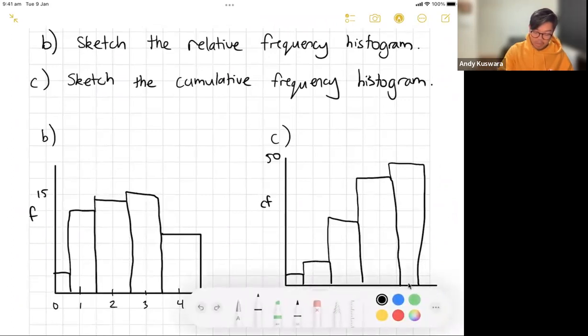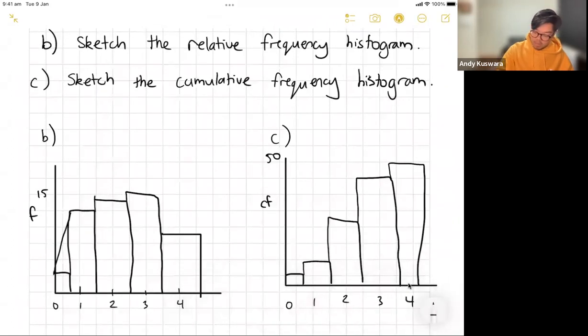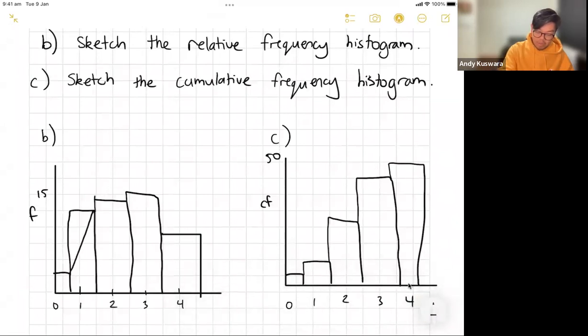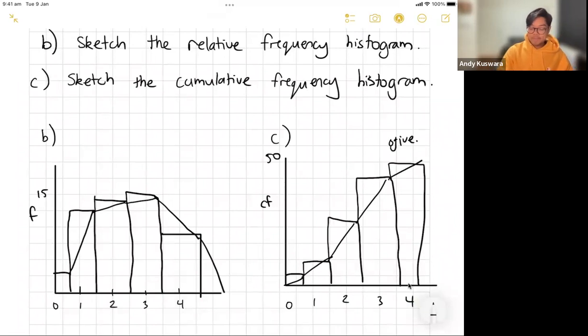Now I should probably make a note: I think we join them up from the inside corner, technically going back down, same thing here. That would be what we call the polygon or the ogive. That's the line. So you can see how the cumulative is always going to add up to your total, whereas your frequency is just dependent on the frequency. Those are the main things to understand in this chapter.